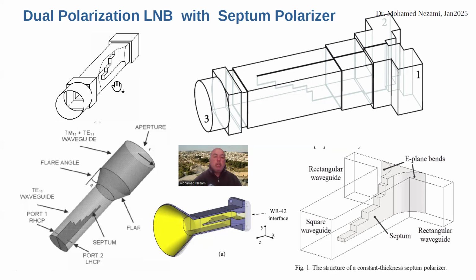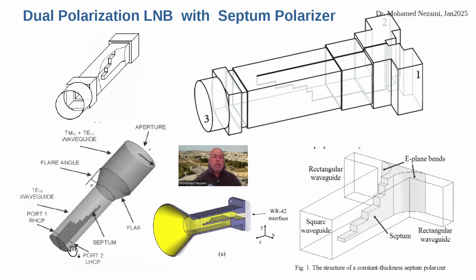You can see that these assemblies basically start on one side with a circular waveguide interfacing to a circular horn, like it is in here, and then of course they utilize either a circle waveguide or a rectangular waveguide like it is in here. And of course, with the septum, they can extract both vertical and horizontal.